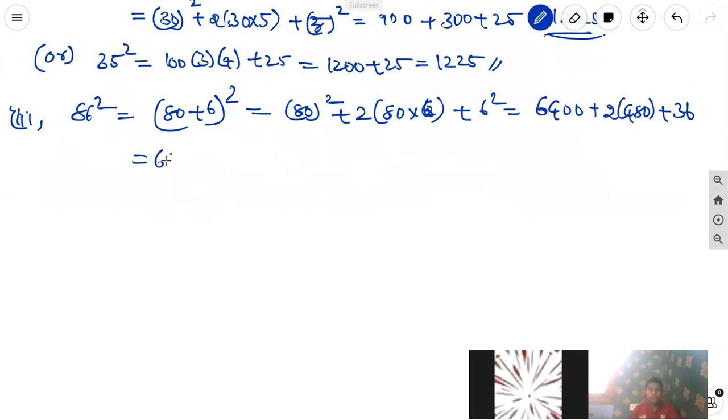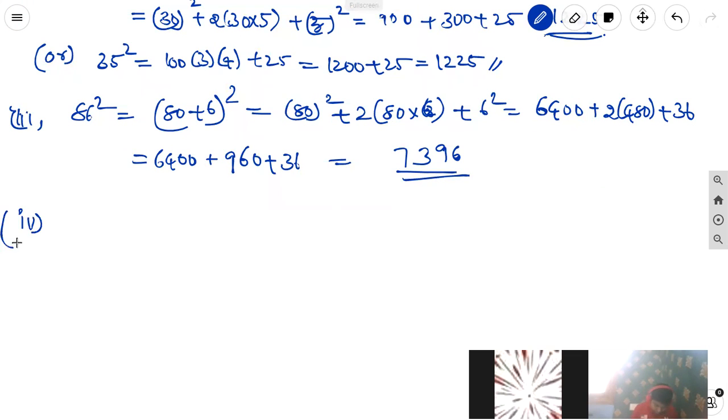It is equal to 6400 plus 960 plus 36. 7396 is the answer.